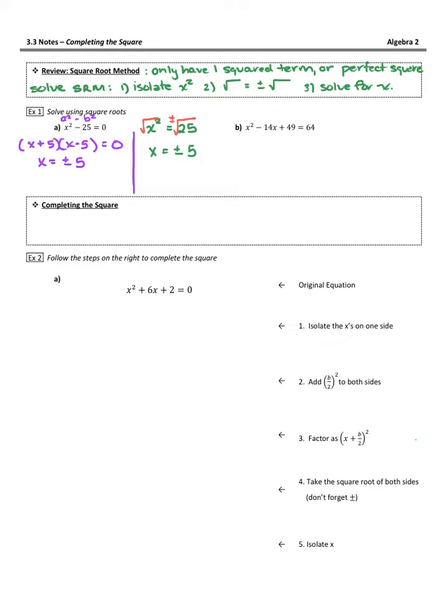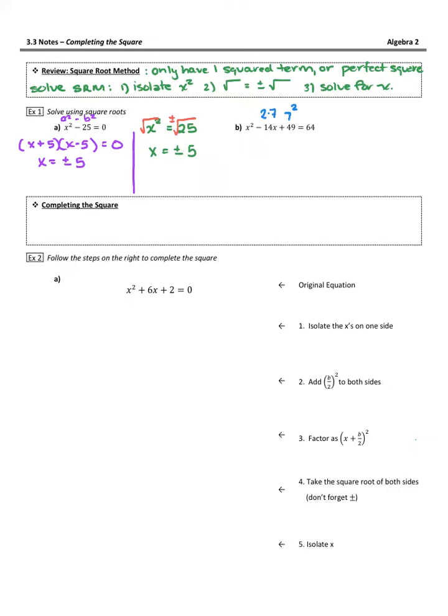This next example, what you want to notice is this last term is 7 squared, and the middle term is 2 times 7. That is the indication that what you have here is a perfect square.